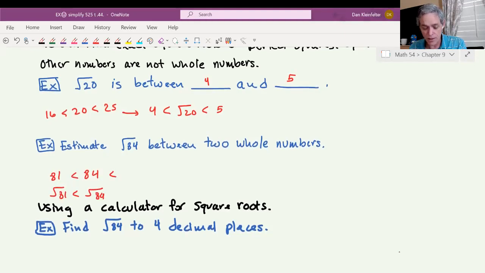The next higher perfect square is 100. So the square root of 81 is less than the square root of 84, which is less than the square root of 100. So the square root of 84 is bigger than 9 and less than 10.